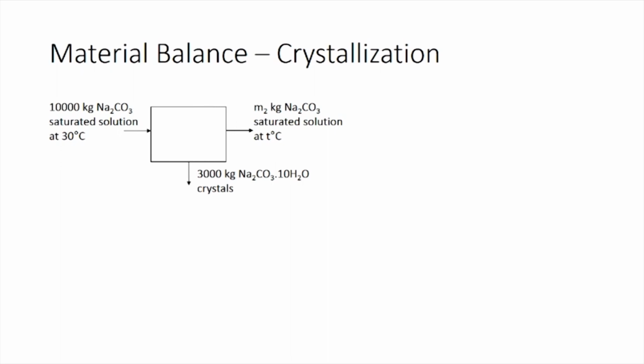The solid crystals which are leaving the crystallizer are actually not just Na2CO3. They contain the water of hydration, which is the 10 H2O molecules attached with every molecule of Na2CO3. So, now we need to calculate the mass fraction of Na2CO3 in the 3000 kilograms which is leaving in the form of crystals. For that, we need the molecular weight of Na2CO3 and the molecular weight of 10 H2O, and use those for calculating the mass fractions.